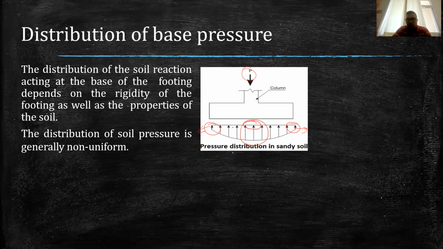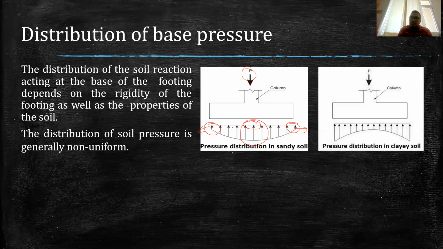Similarly, if we rest the foundation on clay soil, then the pressure variation is different. In this case, because this is a cohesive soil, the pressure variation is just like an inverted bowl. So that is why, as I said, this pressure distribution for different types of soil is different.